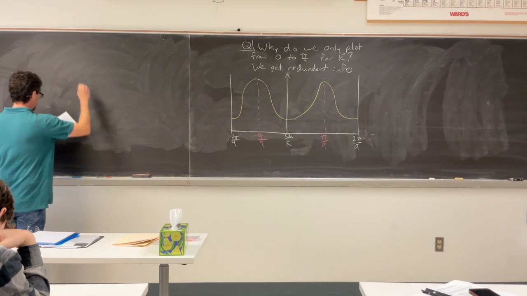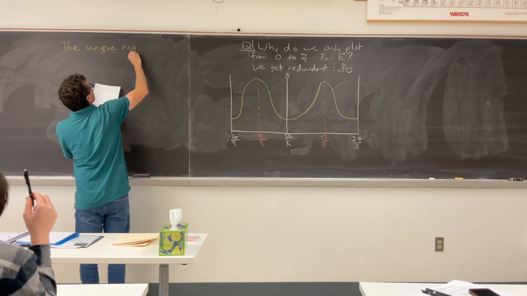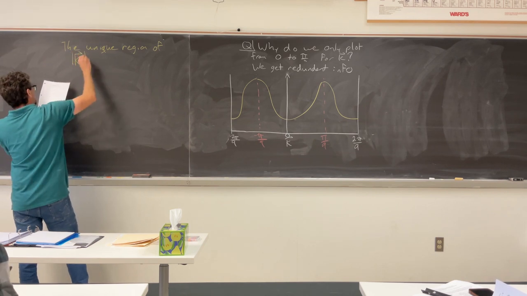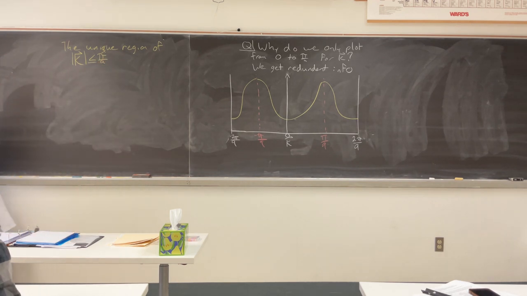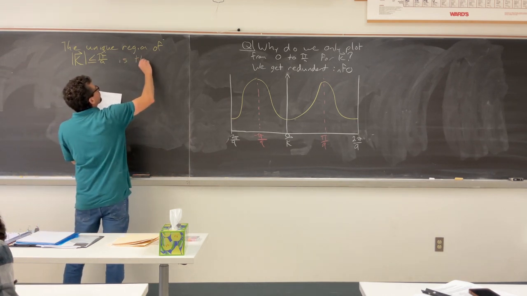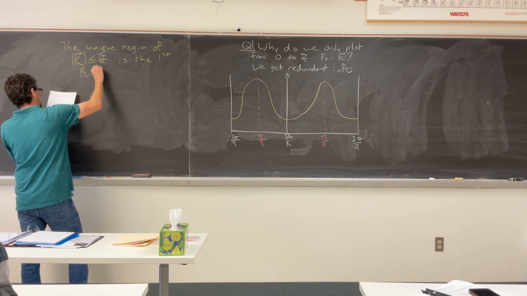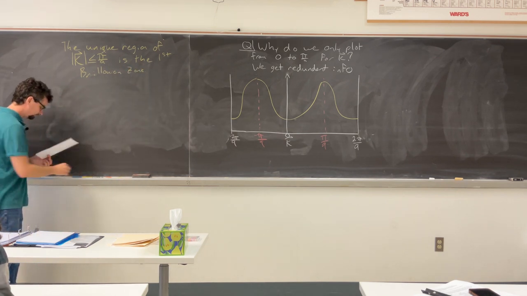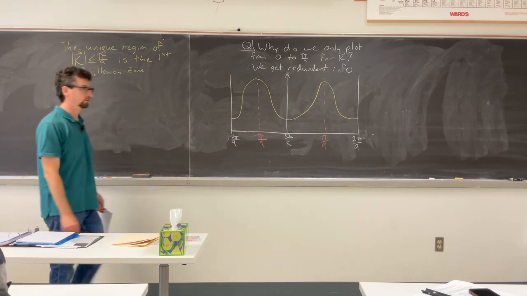So if we look at the unique region, we take an absolute value, |k| less than or equal to π/a. This is called the first Brillouin zone. So on this plot, where's the first Brillouin zone?